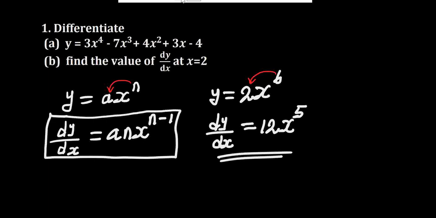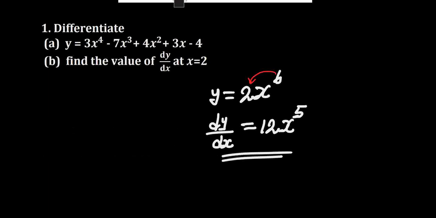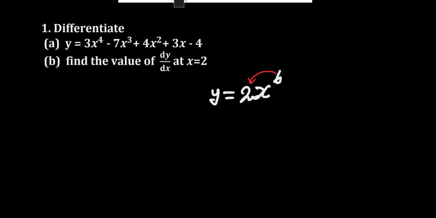So now let's go back to question 1. The question says differentiate y equals to 3x to the 4th power minus 7x to the 3rd power plus 4x squared plus 3x minus 4.